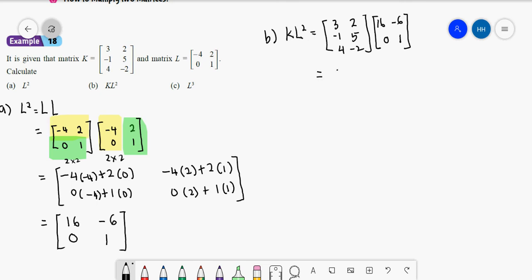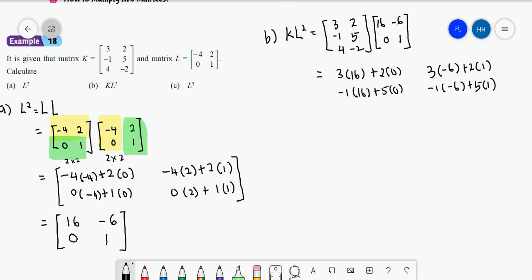So 3 times 16 plus 2 times 0, for the first row, first column. For the first row and second column is 3 times negative 6 plus 2 times 1. And then for the second row, negative 1, 16 plus 5, 0. Negative 1, negative 6 plus 5, 1.